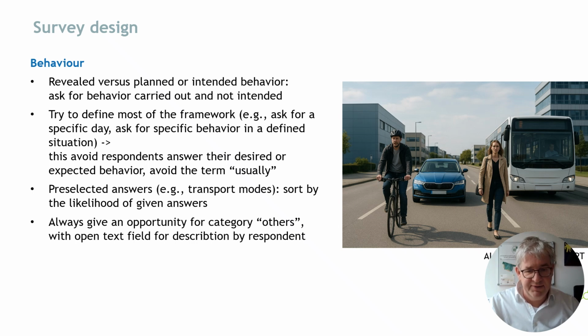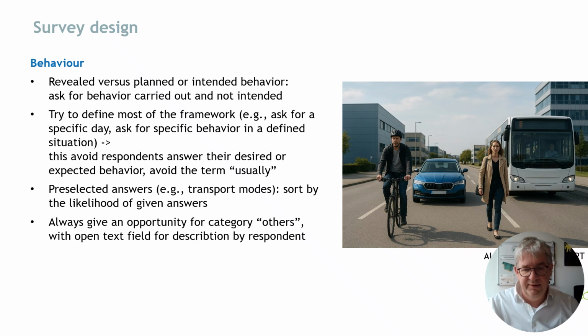Otherwise, if you are asking too generally, with a term like usually, people start thinking about how to answer and what is usual and what is intended, for example. If you have pre-selected answers, usually you sort them by the likelihood of the given answer. So if you ask for the means of transport people use to arrive at the company, it's always good to have car, public transport, bicycle in the first, second, third row, and not maybe horse or cable car.